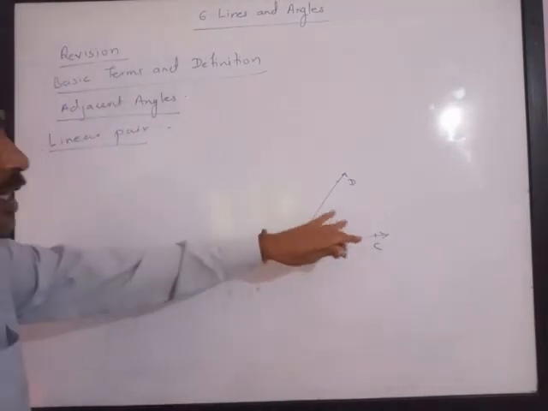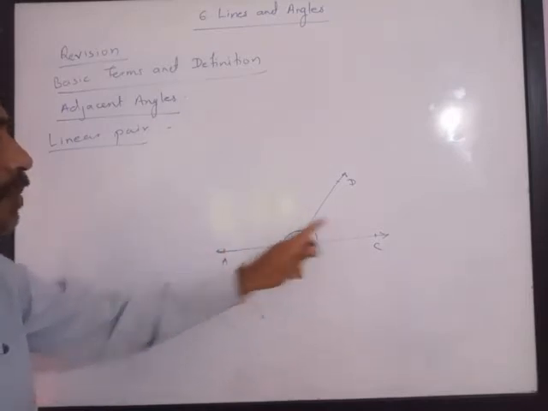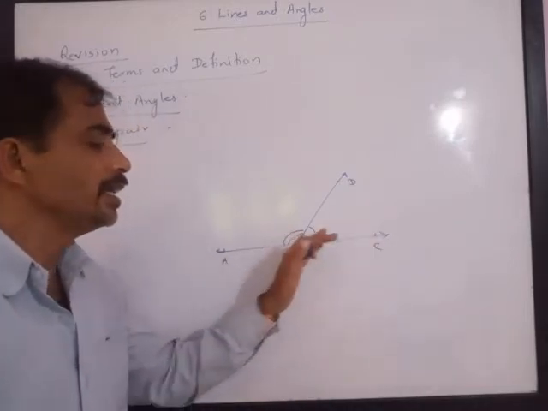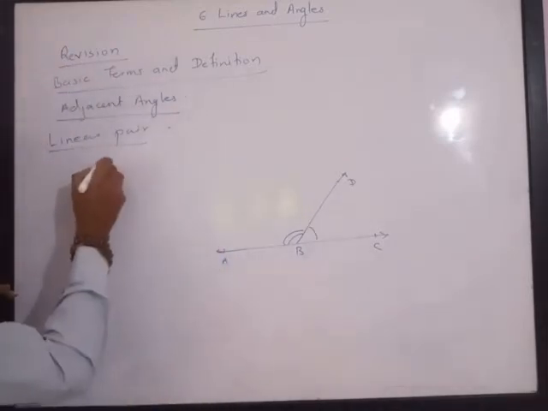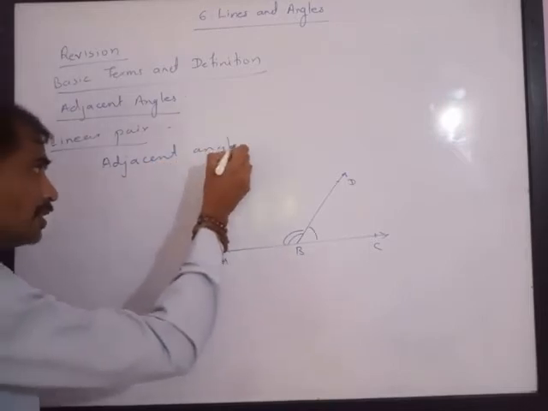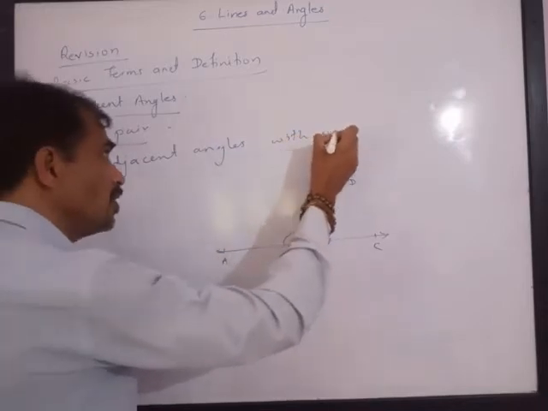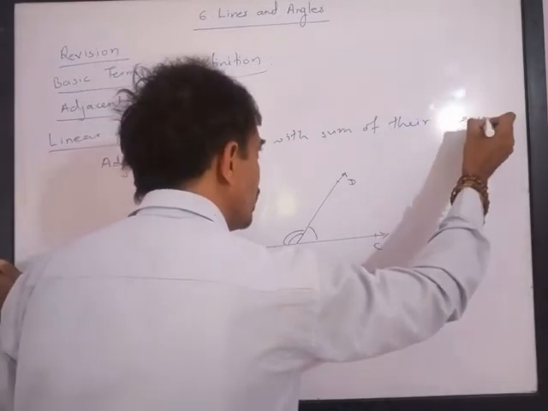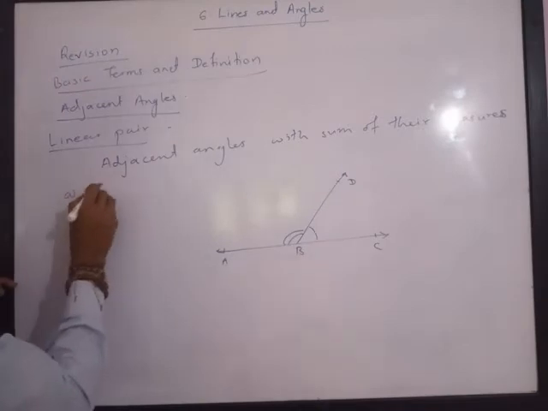So if the adjacent angles have measures whose sum is 180 degrees, then they are called angles in a linear pair. So these two angles are in a linear pair, or you can write in simple words, adjacent angles with the sum of their measures as 180 degrees.